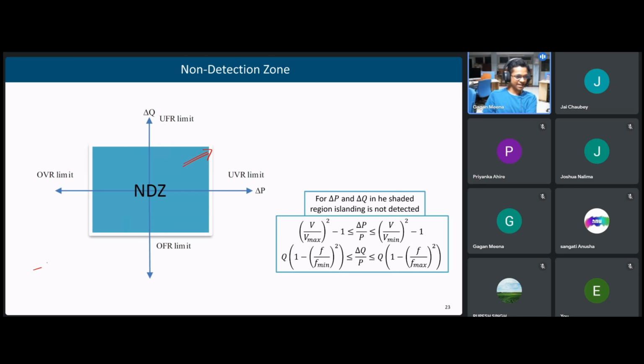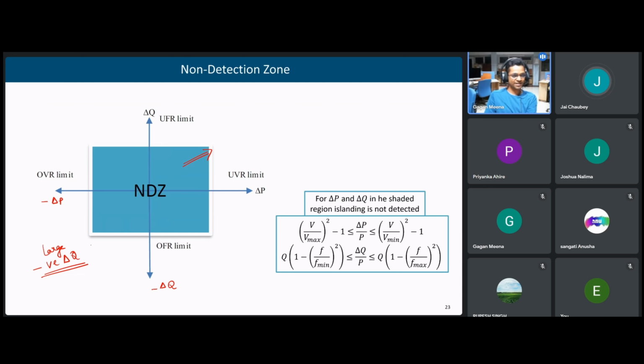So the question was, if there is a large negative reactive power mismatch, which relay will operate? Which limit is going to hit? You can easily tell, right?